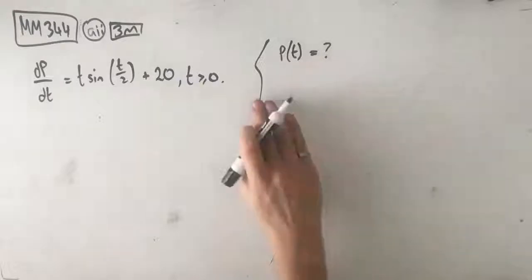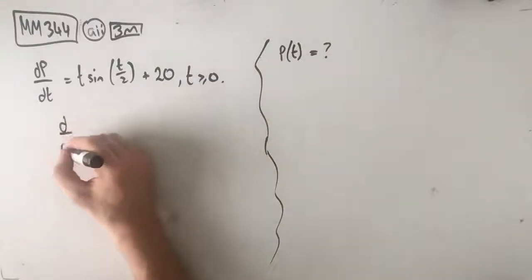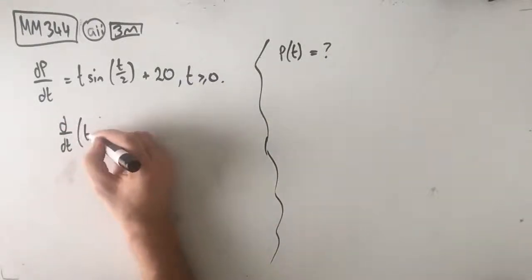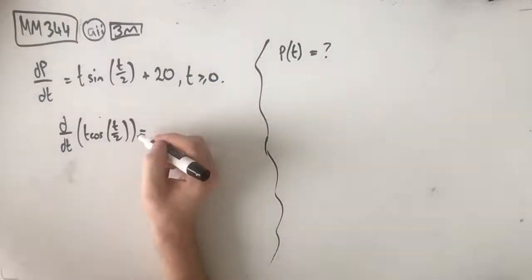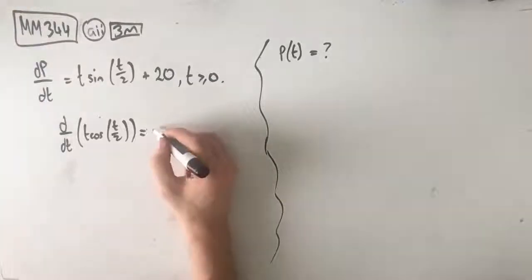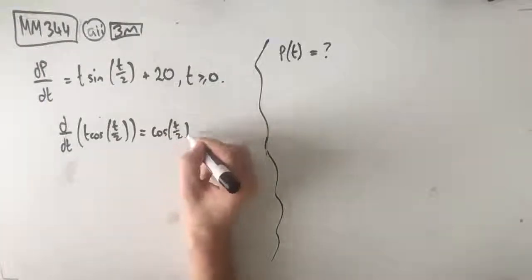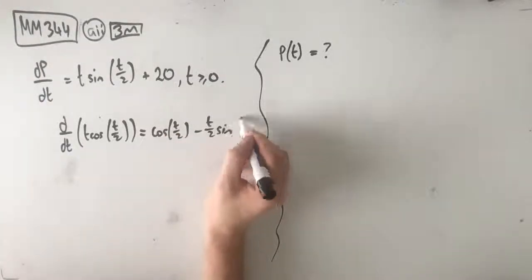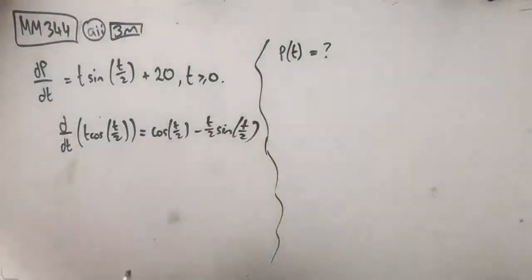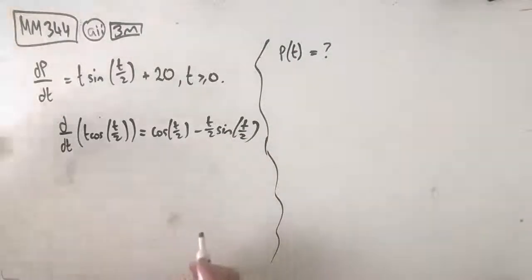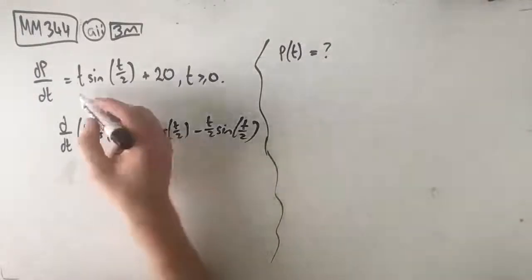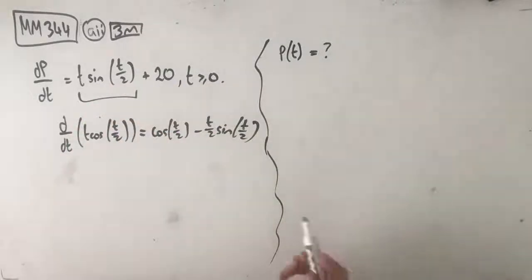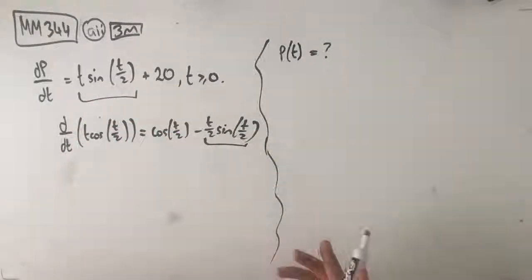Previously we found that the derivative of t cos of t on 2 was equal to cos of t on 2 minus t on 2 sine of t on 2, which means we're going to need to use this in our answer now. So what we're looking for is the integral of t sine of t on 2, which is almost this kind of thing.